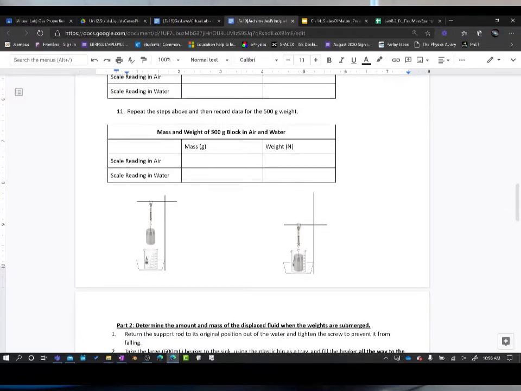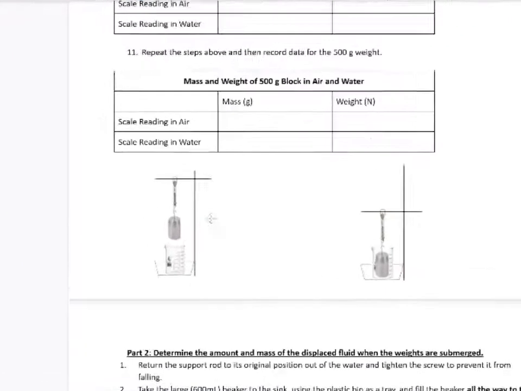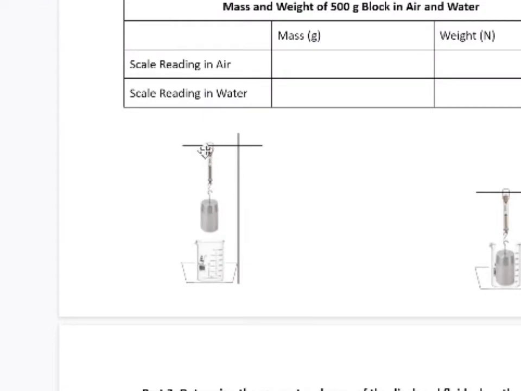Basically, this is a diagram of the setup here. I have a spring scale right here, which is going to be supporting our object, each of them one at a time. So we'll take our measurements when our object is out of the water with the spring scale right here. We got some support stands and rods holding it up. And a beaker full of water down here with a little tray to catch any spillage underneath of it.